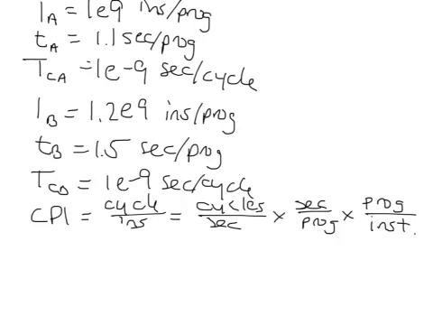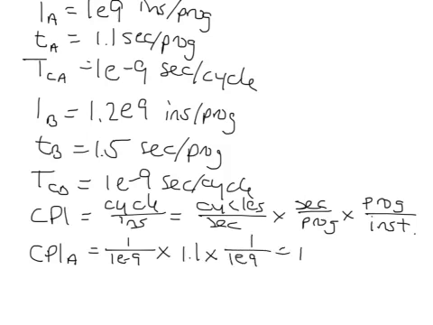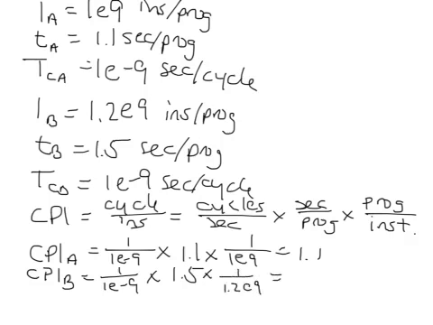So that's CPI of A would be the inverse of the cycle time times 1.1 times the inverse of the instruction count. That's 1.1. For B, inverse of the cycle time times the time to run the program times the inverse of the instruction count, which is 1.25.